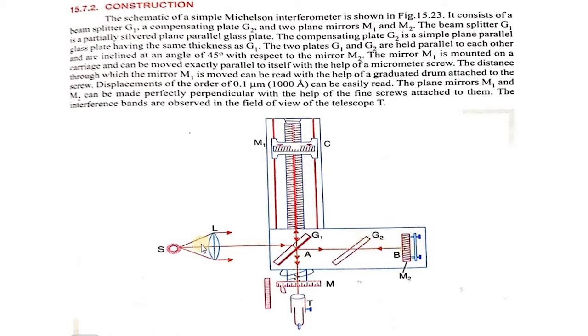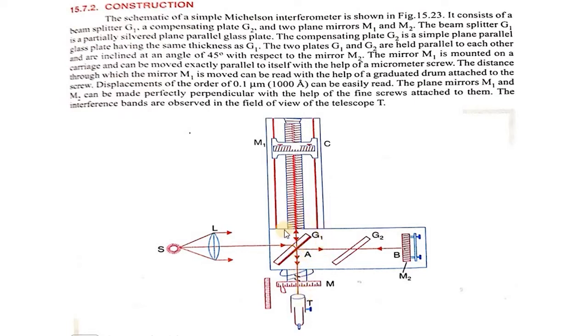So first the light gets split into two. The light on reaching the glass plates undergoes refraction and reflection. The reflected light passes once through the plate G1, reaches the mirror M1, undergoes reflection and passes again through the glass plate G1, and it reaches the telescope.